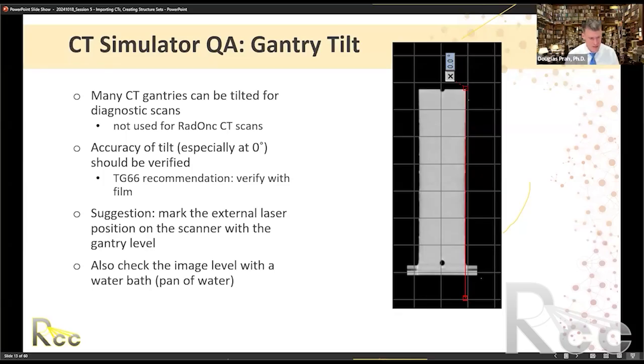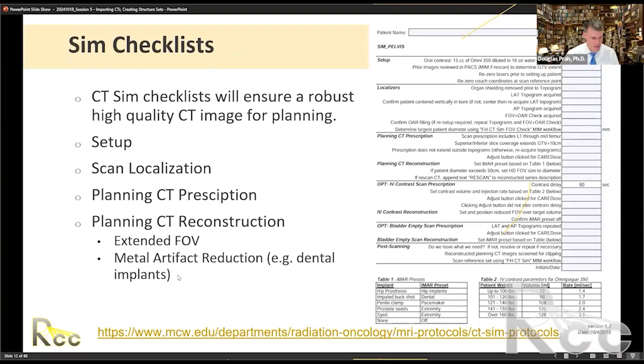So metal artifact reduction will alter the Hounsfield units, but I recommend for your physicists to get comfortable with that. This particular algorithm, depending on the algorithm, we find helps to reduce that artifact.